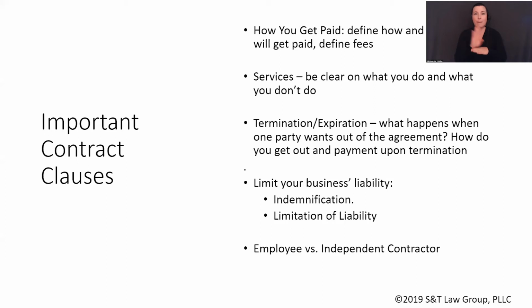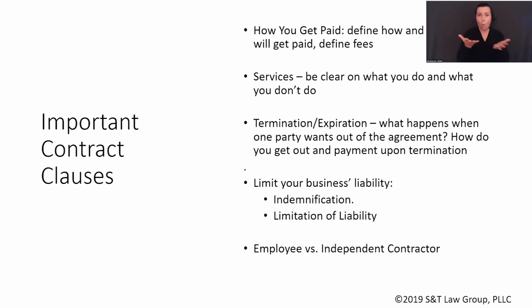And then the next one is limiting your business's liability. So these are two clauses that you'll see in contracts, and I know this is really boring. I don't like talking about them, but I do feel like these are the most important things to have in your contract. So one is the indemnification clause. That basically says who is responsible for what at what point.